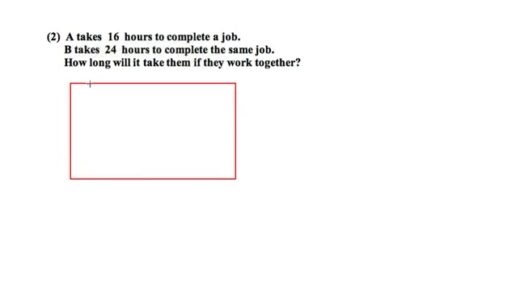For example, if A takes 16 hours to complete the job, you can represent this as a rate that A does 1/16 of the job in 1 hour. And likewise, B, starting from the other end, can do 1/24 of the fence, or the job, in an hour.